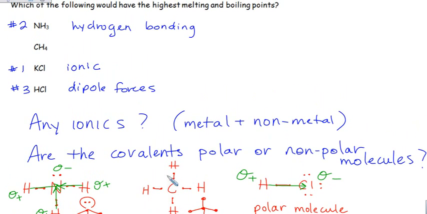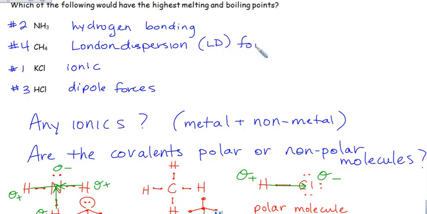But if for that split second in time, there is a temporary dipole, that would create the London dispersion forces. Or if you want, you can call them LD forces. Those are the weakest intermolecular forces.